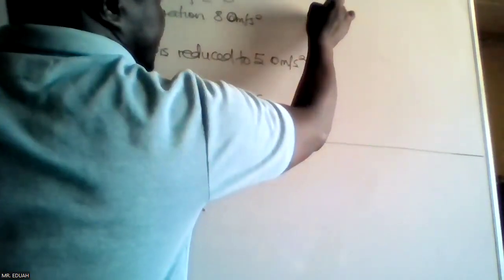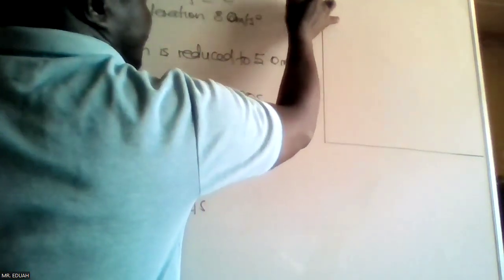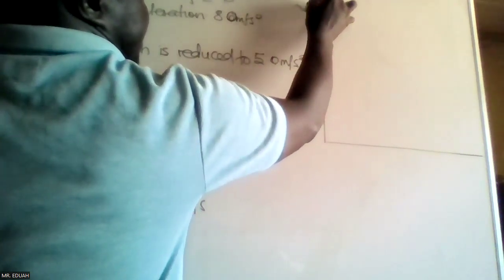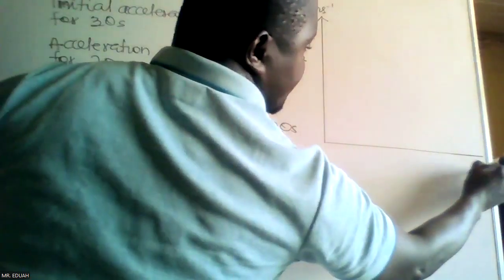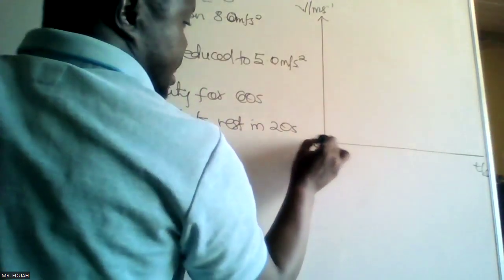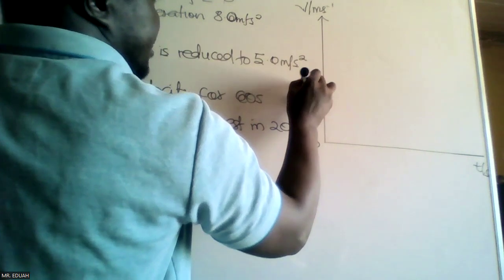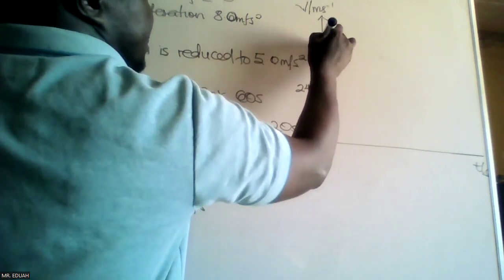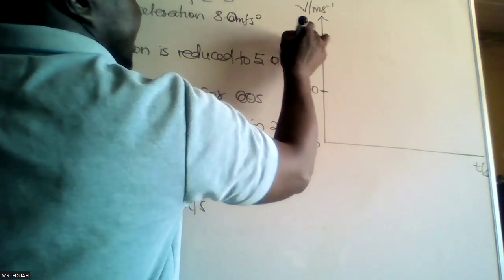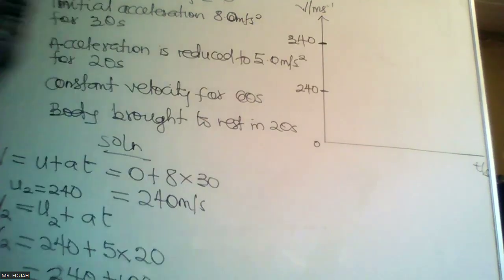So this is the velocity time graph. So 0, 240, then 340. Time, we are starting with a time of 30 seconds.